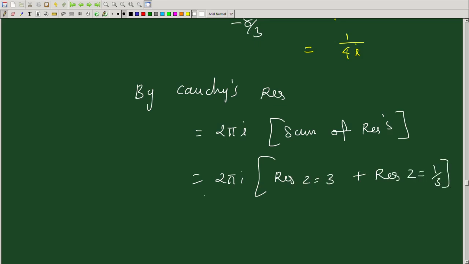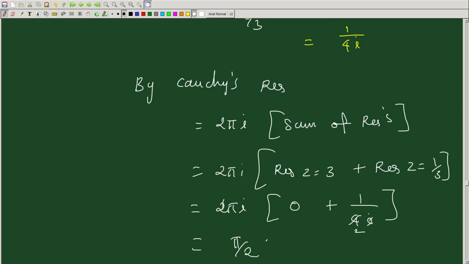The pole at 3 lies outside, so the answer is 0. Already you know, it lies outside, answer is 0. This one we calculated as 1 by 4i. So I can cancel this i and also this 2. The final contour integration for this problem is pi by 2. Correct? Got the method of how we are solving contour integration. Right? Next we'll try one more problem.